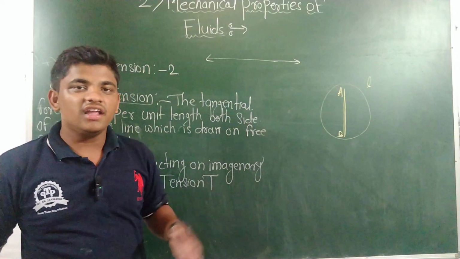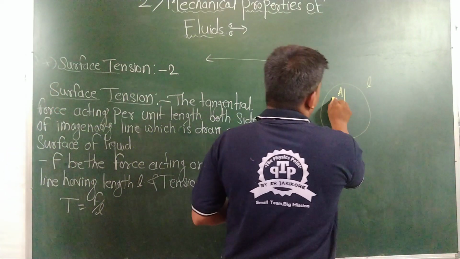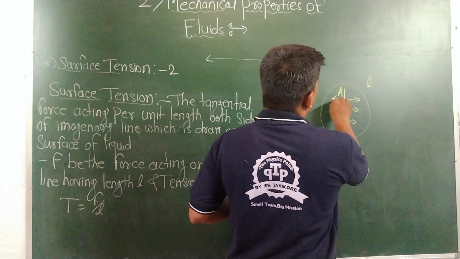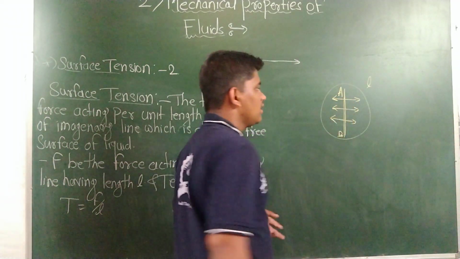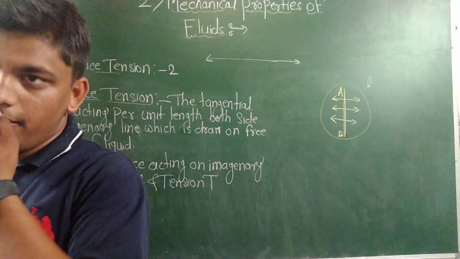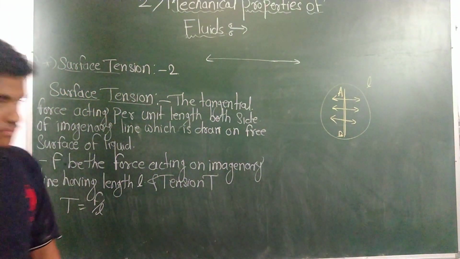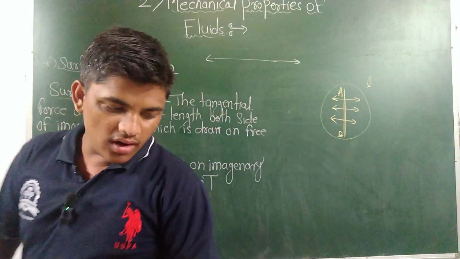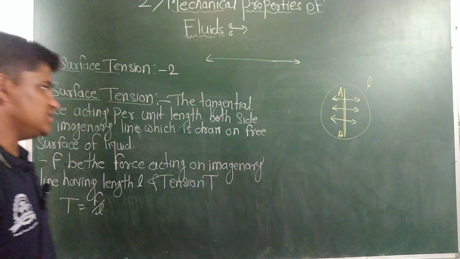The forces act opposite, and the tangential forces act in this way. They are equal and opposite in direction. These are the straight line AB and some forces acting in equal and opposite directions.